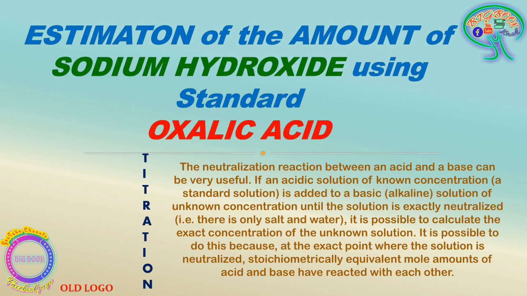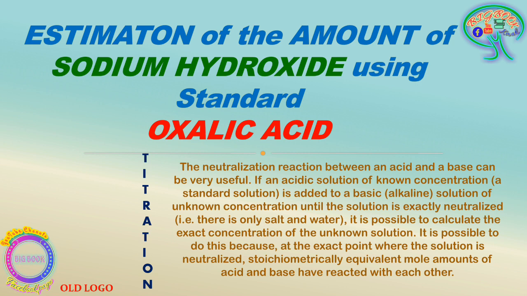At a particular point, the neutralization of both the acid and the base takes place, so the pH is going to get neutralized. At this particular point, the value of the unknown can be estimated. Value in the sense the normality we can estimate, and further we can estimate the mass of the substance.